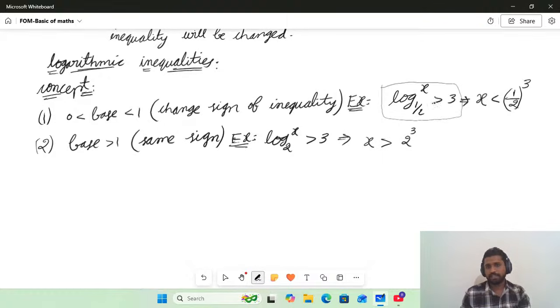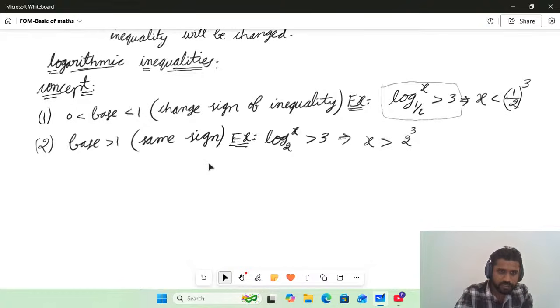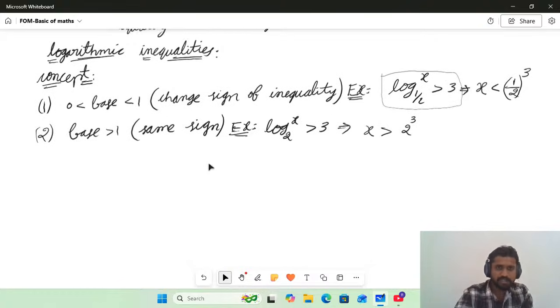So with one example we can see why we are changing the sign of inequality if the base is lying between 0 and 1, and why we are not changing the sign if the base is greater than 1.